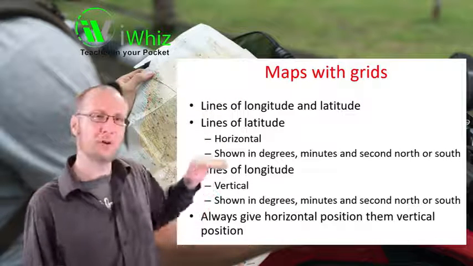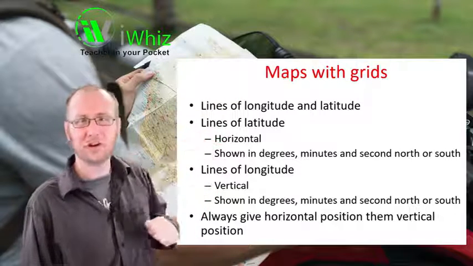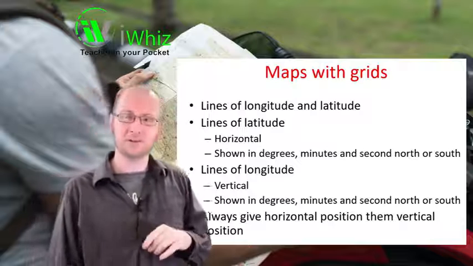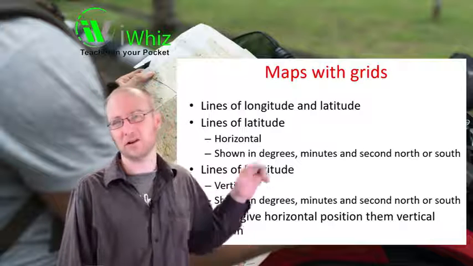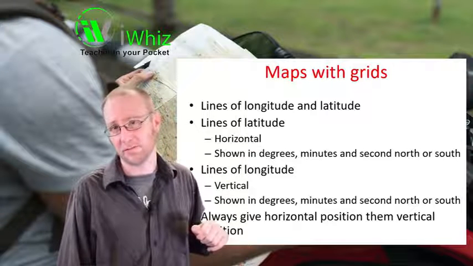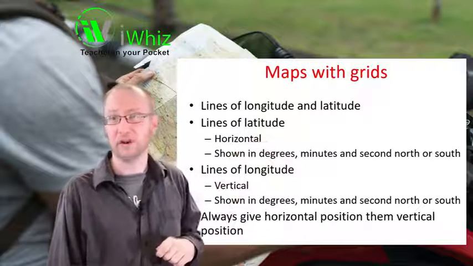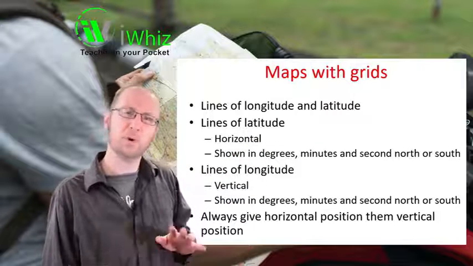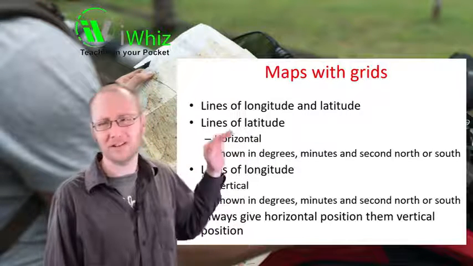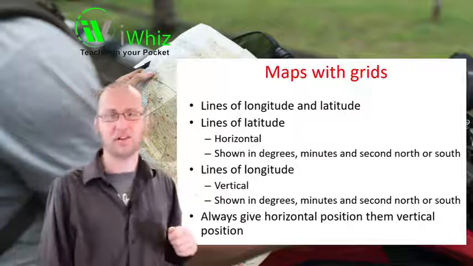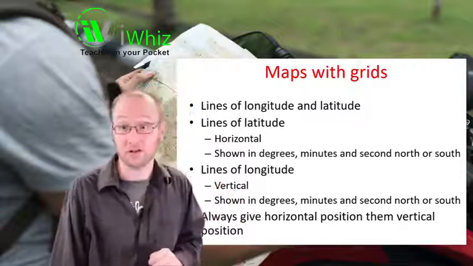So, for example, something that's just above the equator might be 1 degree, 1 minute, and 1 second north of the equator. Something just south of the equator would be 1 degree, 1 minute, 1 second south of the equator. Those are lines of latitude.